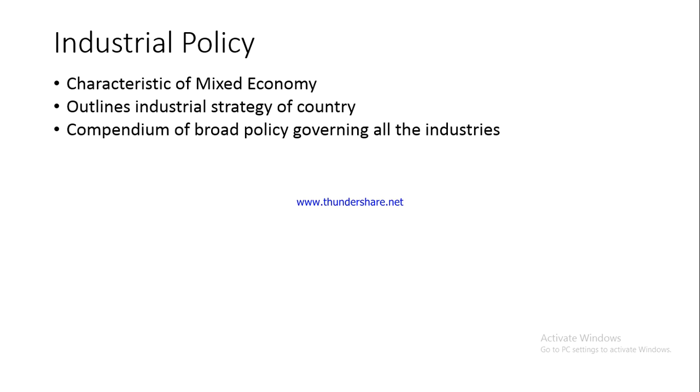Now this is a general broad policy. The specific provisions would then be formulated by the ministries and the specific departments. So industrial policy is only a broad policy document. It is not dealing with specifics. It gives broad guidelines as to what the government intends to do, how the government intends to bring about a transformation of the economic system.